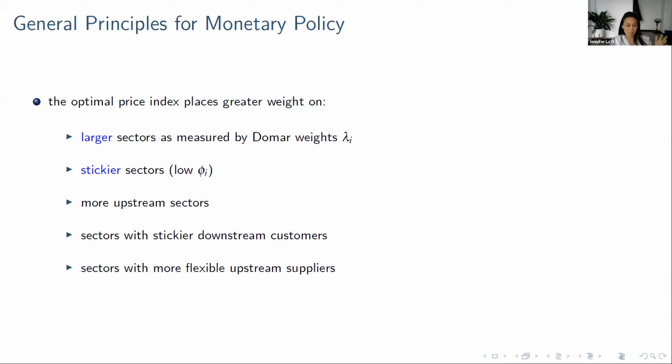Okay, so let me wrap up. We find that the optimal price index places the greatest weight on how large sectors are in terms of their Domar weights, and how sticky sectors are, so low phi I. A couple more things, but quantitatively, what really matters are how large sectors are and how sticky sectors are.